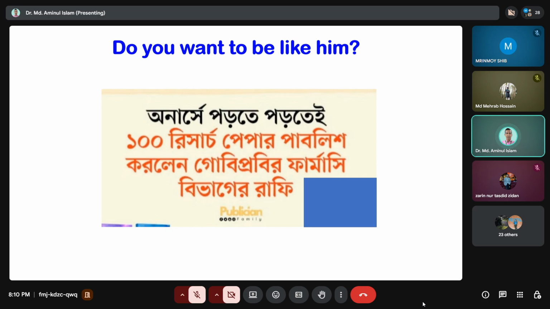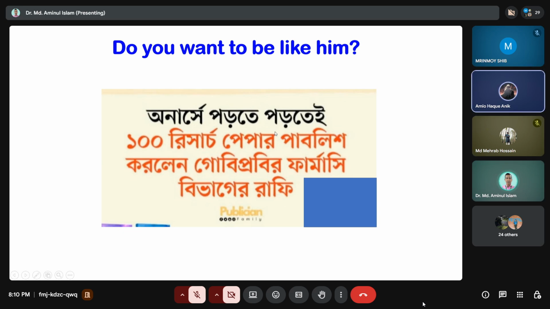So let us start with, do you want to be like him? Can you see here? Yes, sir. Do you want to be like him? No, sir. Yes, he has published 100 research papers while doing bachelor. It is totally illogical and the world will not accept it.